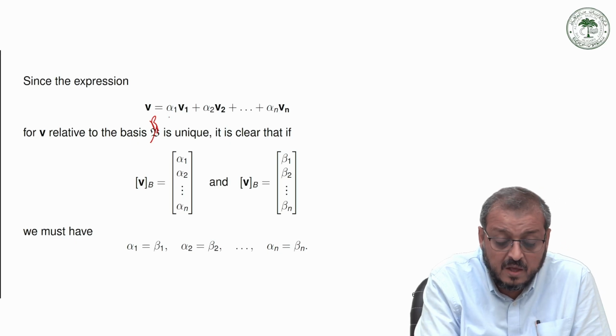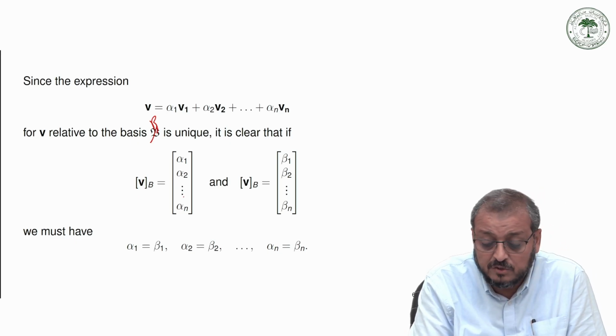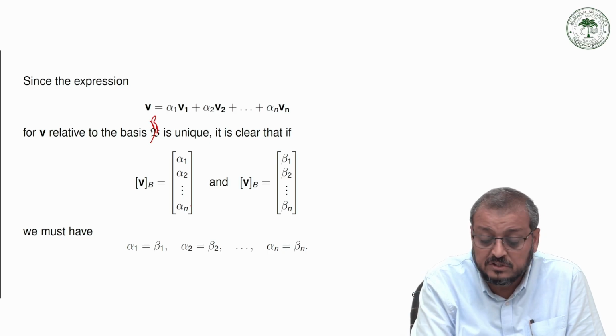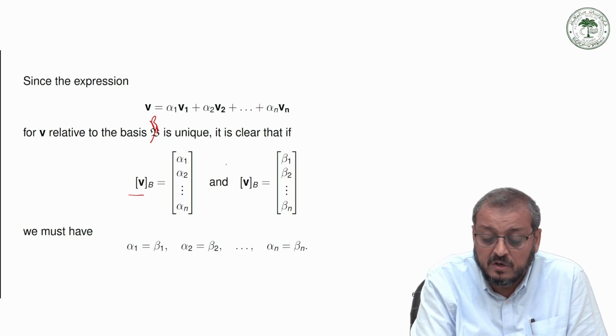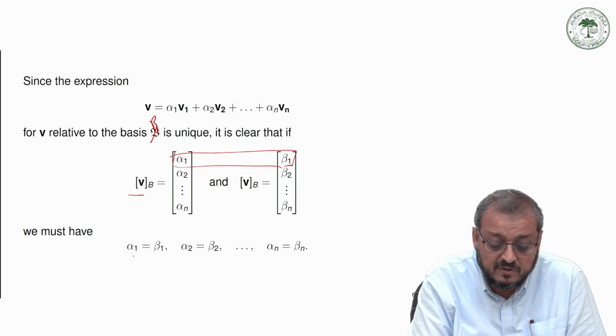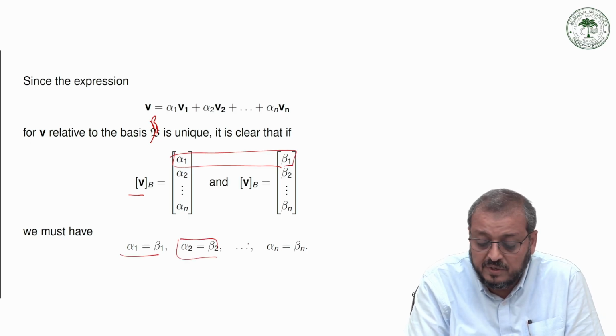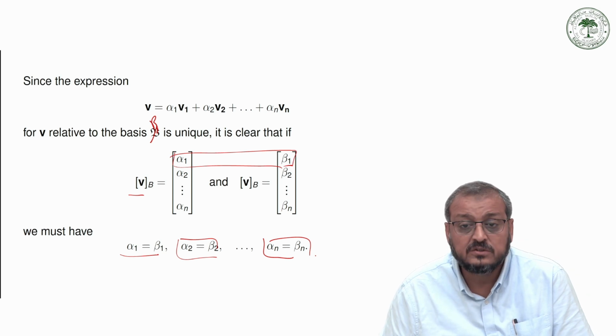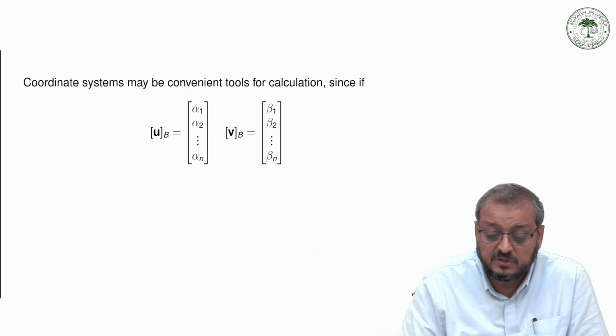This is V. Corresponding to V we have alpha 1. Corresponding to V, we take these two coordinate vectors. So if the coordinate vectors are the same, only then are these two equal, meaning alpha 1 is equal to beta 1, alpha 2 is equal to beta 2, and alpha n is equal to beta n. So this way we can say that this representation is unique.